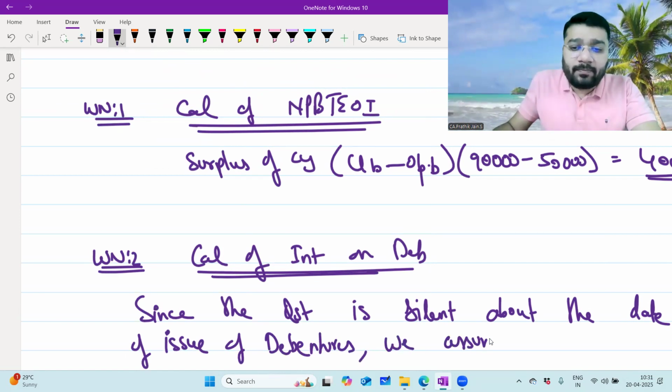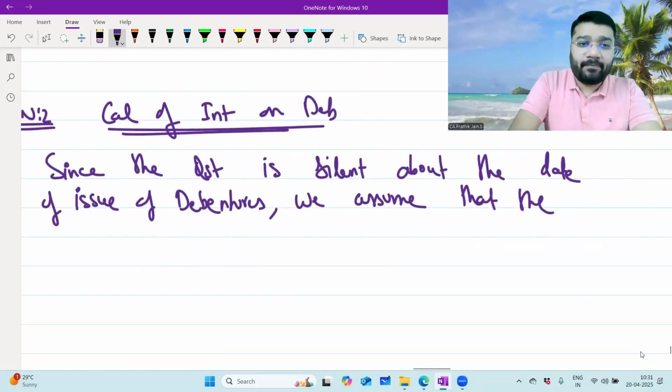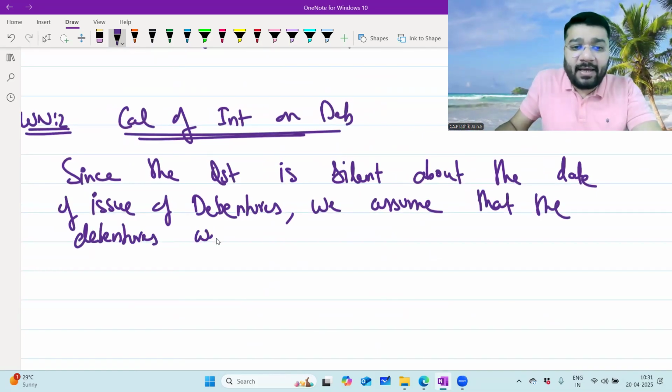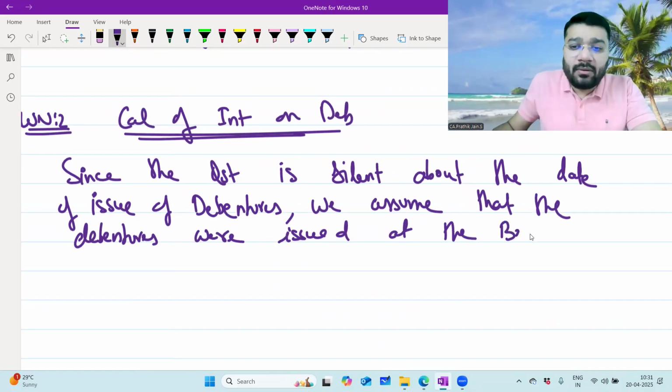we assume that the debentures were issued at the beginning of the financial year.